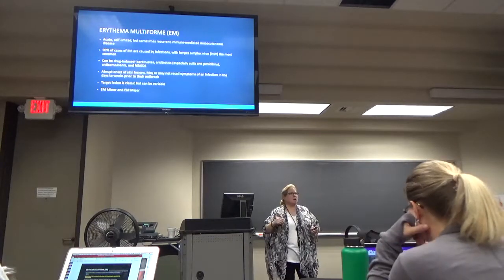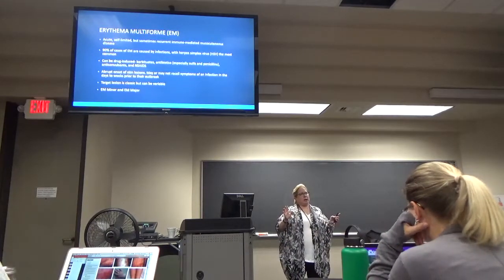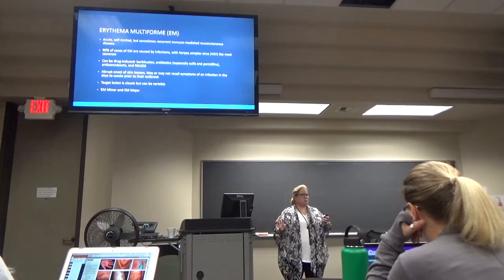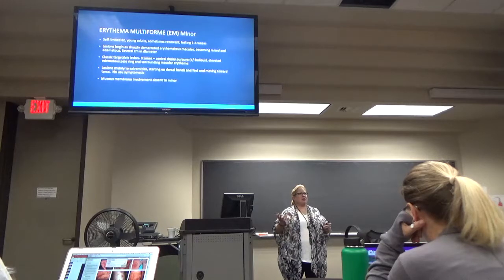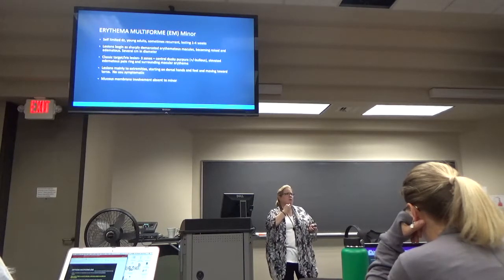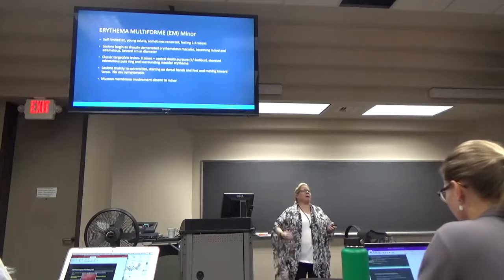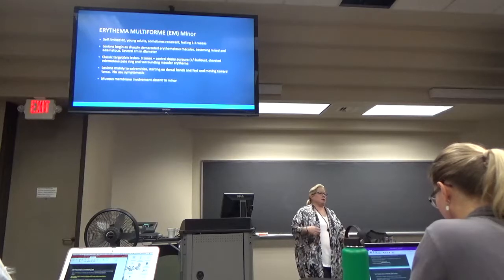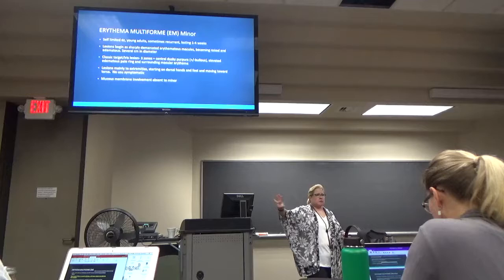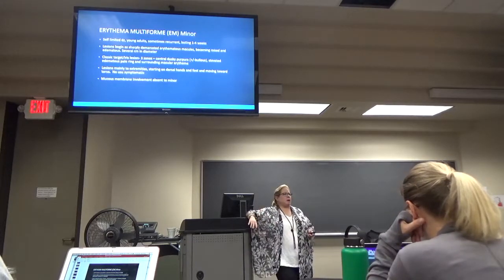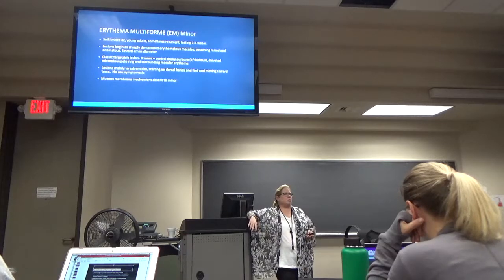Erythema multiforme is categorized into EM minor and EM major, and it basically has to do with the mucous membrane involvement. So EM minor is self-limited, more so in your young adults, and can be recurrent, especially if it's associated with HSV. It'll last about 1 to 4 weeks.